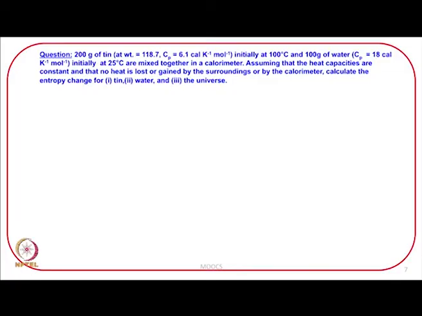Assuming that the heat capacities are constant and that no heat is lost or gained by the surroundings or by the calorimeter, calculate the entropy change for tin, water and the universe.